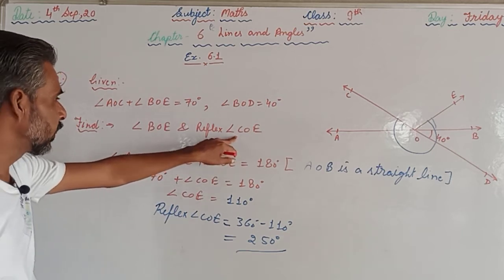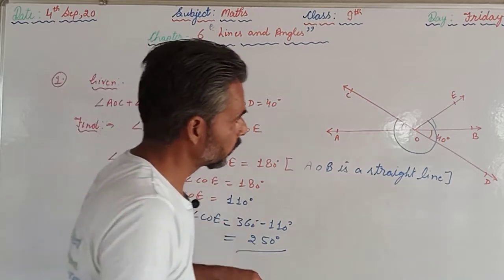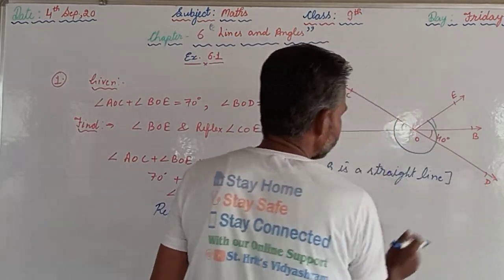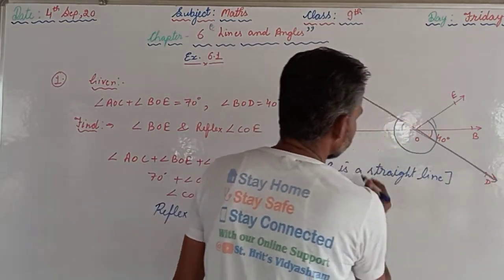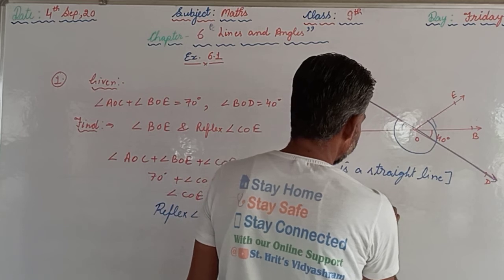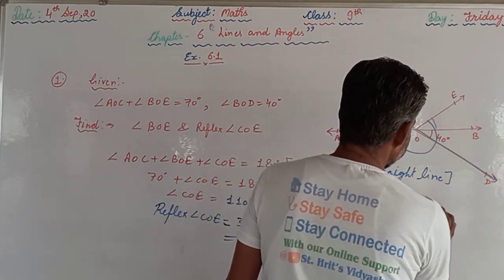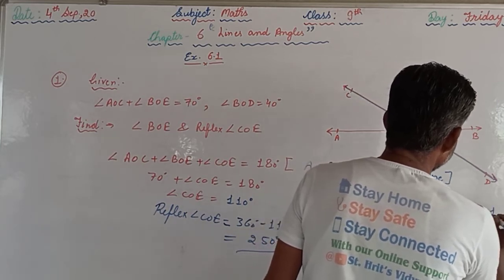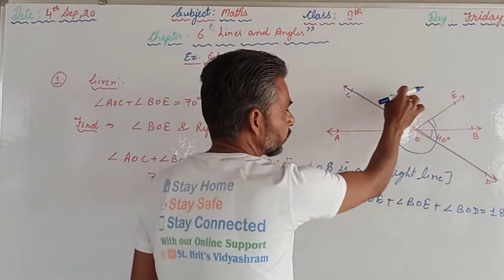Now we have to find angle BOE. At the same time COD is a straight line. So we can say angle COE plus angle BOE plus angle BOD is equal to 180 degree, because this is a straight line.